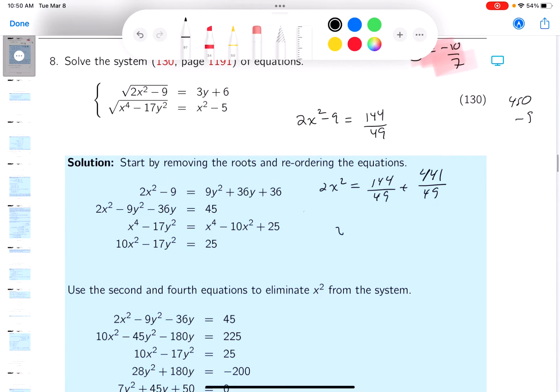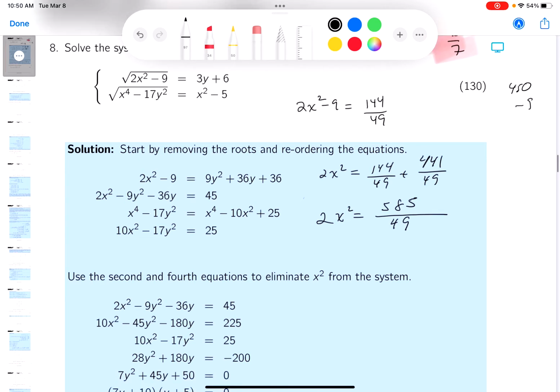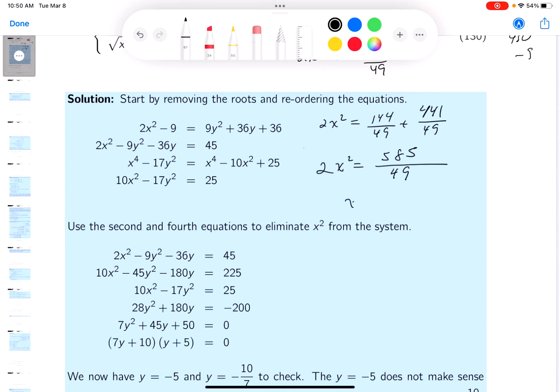What do you got here? 2x squared, let's see, 585 over 49. Let's keep going. I'm going to do something crazy because I know I have to take the root of it. So it's going to be 2 times 7 times 7. Now I'm going to look at the 585, and I want to factor it. Certainly by a 5.